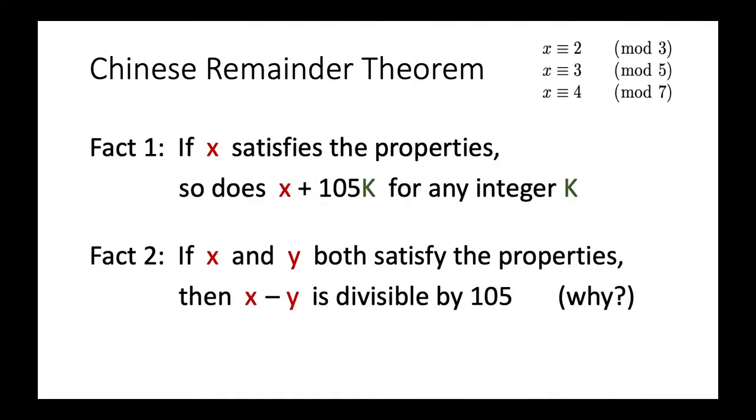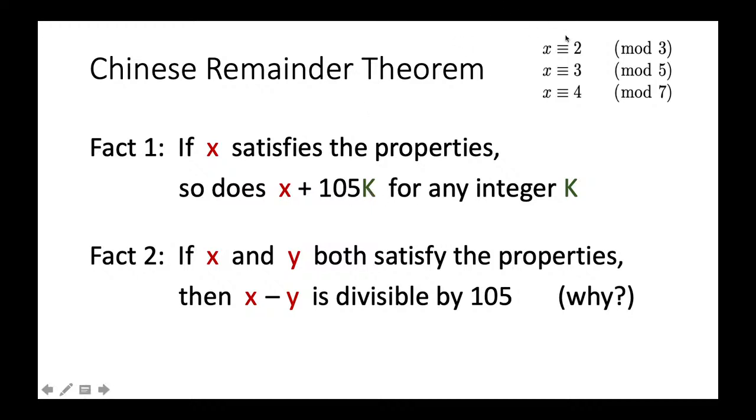Okay, so to understand this, let's take a look at these two important facts. First of all, suppose that there is a certain x that satisfies all the properties. Then x plus 105, x plus 2 times 105, x plus 3 times 105, or x minus 105, x minus 2 times 105, x minus 3 times 105, all of them will also satisfy this property.